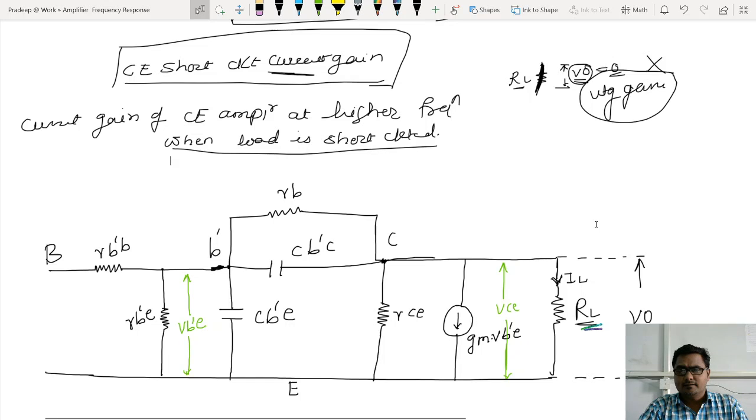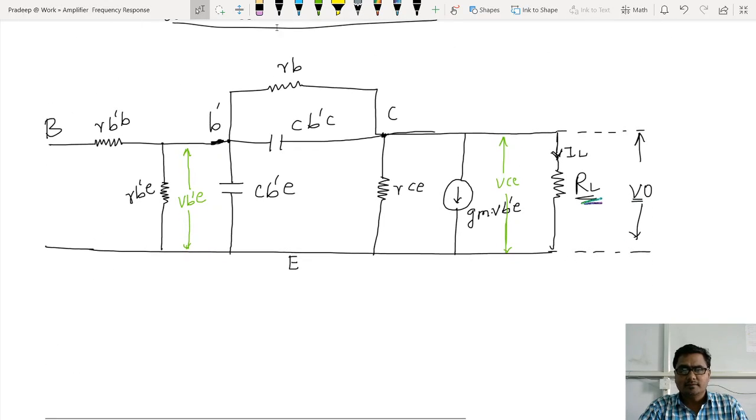Let us start with the first thing, which is to replace this load resistor with a short circuit. So let me remove this load resistor RL. Yes, I have removed that load resistor RL.